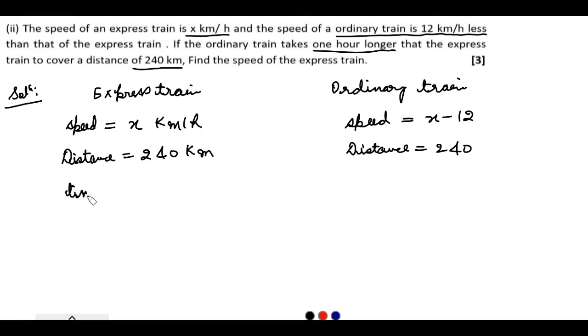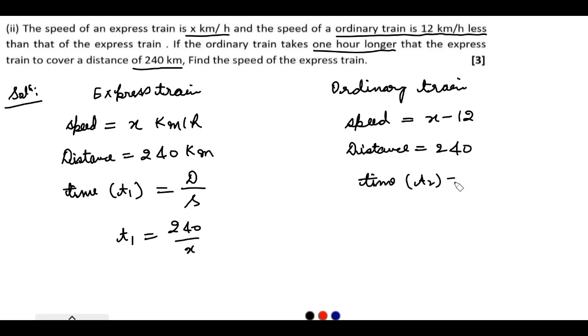If time taken by the express train is t1, then t1 will be equal to distance upon speed, means t1 is equal to 240 divided by x. And if time taken by the ordinary train is t2, then t2 is equal to 240 upon x minus 12.